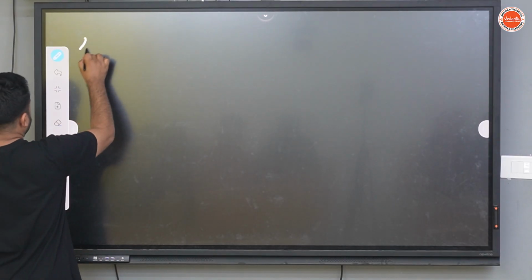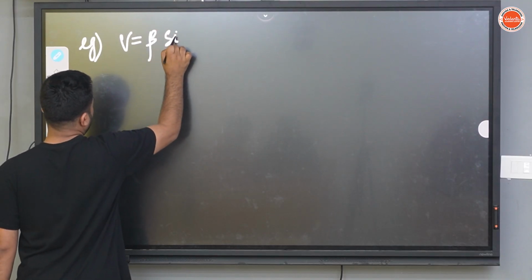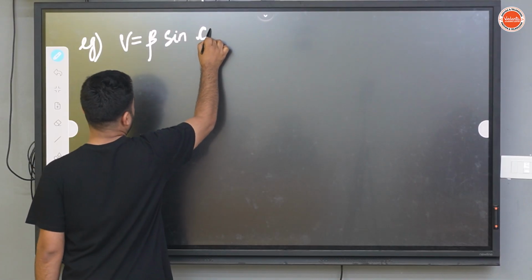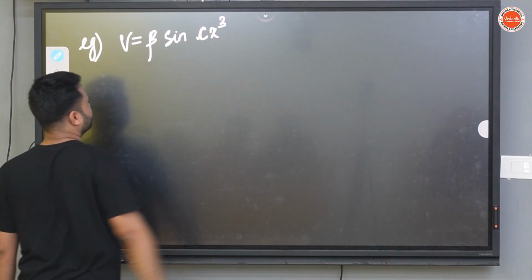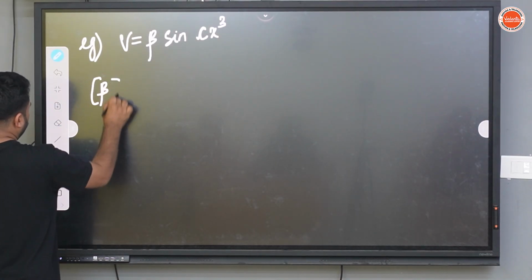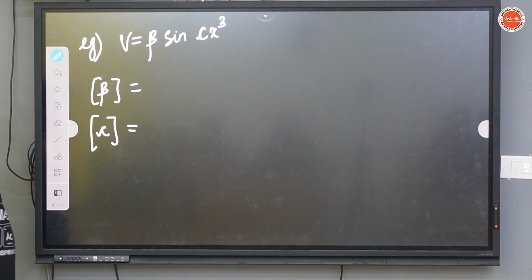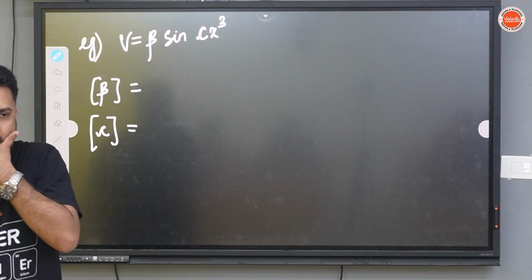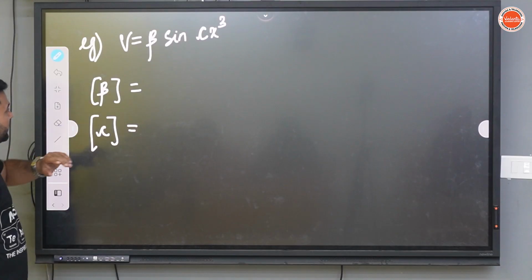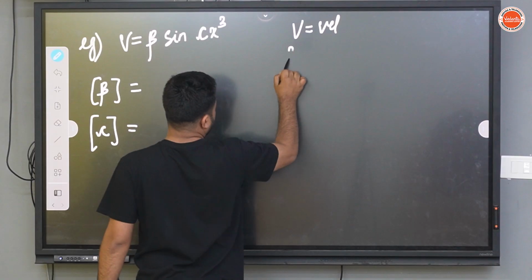See, suppose one example I am saying, velocity v equals beta sine of c x cube, where v is velocity and x is distance.